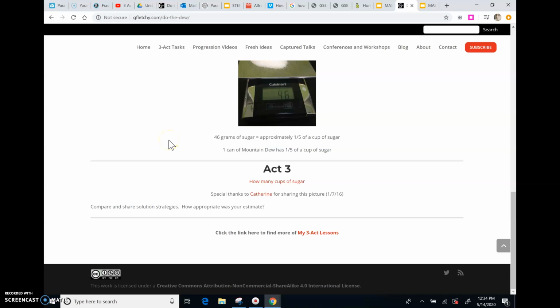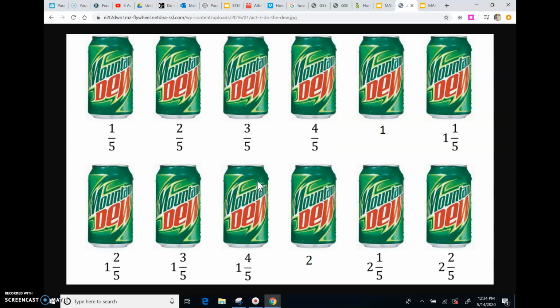Ready for the reveal? Here's our answer. You can see that 1 can of Mountain Dew has 1/5 cup of sugar. So I've put out 6 cans of 12 cans of Mountain Dew. This equals 1 case of Mountain Dew. And then I've added 1/5 plus 1 more fifth is 2/5 plus 1 more is 3/5, 4/5.